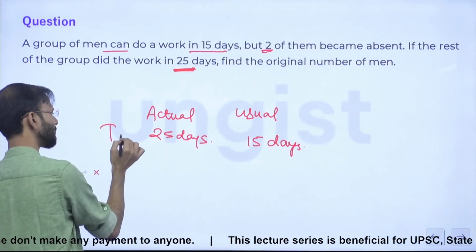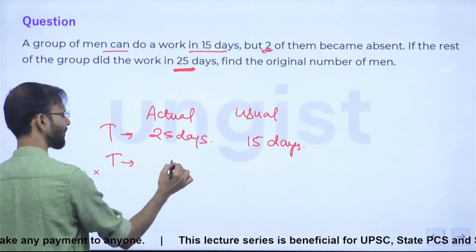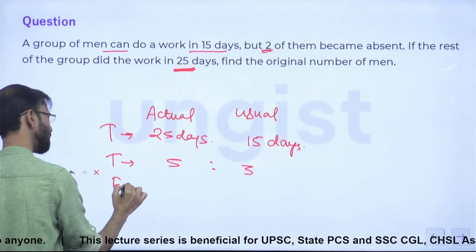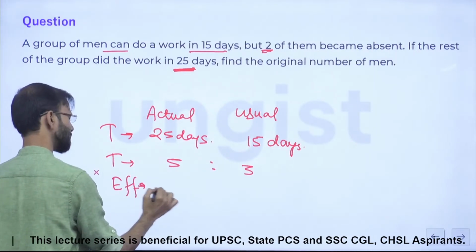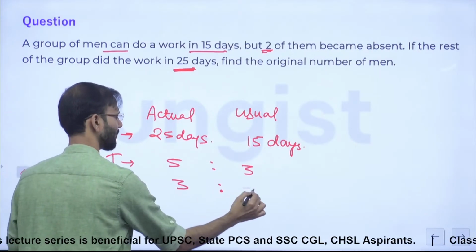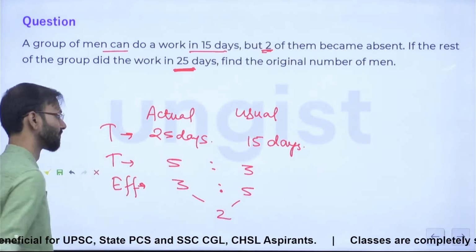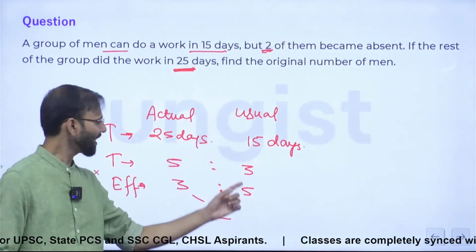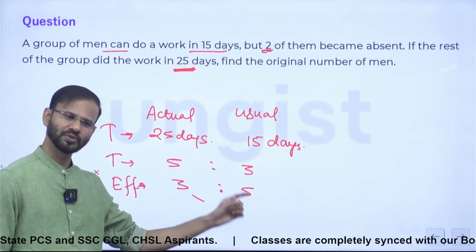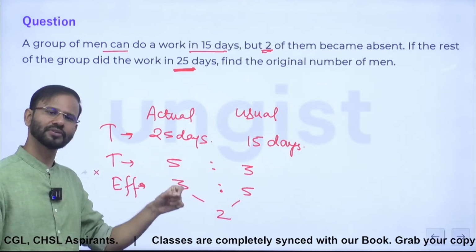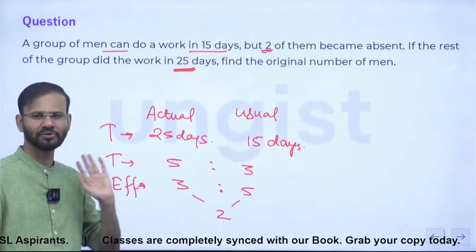So what was the ratio of the time, guys? 5:3. So ratio of the efficiency would be what? 3:5. So difference is what? 2 units. See, usually 5 units of efficiency was working on it, but actually 3 units of efficiency are working on it.